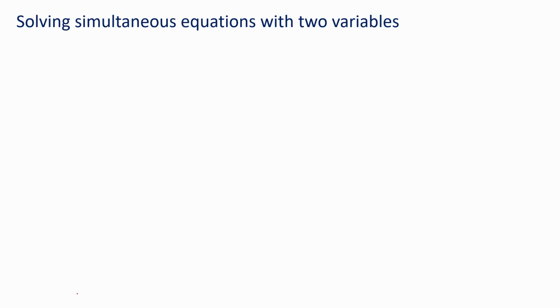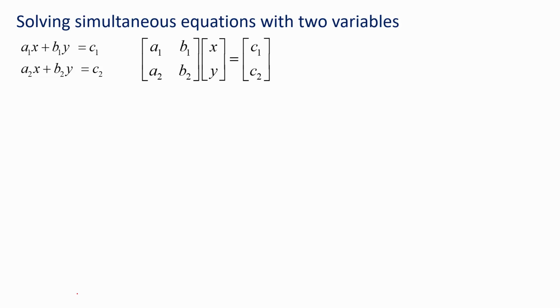Now let's apply what we've learnt to solve our pair of simultaneous equations involving two variables. Let's suppose these are the two equations. We will use the values a1, b1, c1, a2, b2 and c2 to represent the constants we are given. And writing that pair of equations in matrix form, we obtain what you can see there.